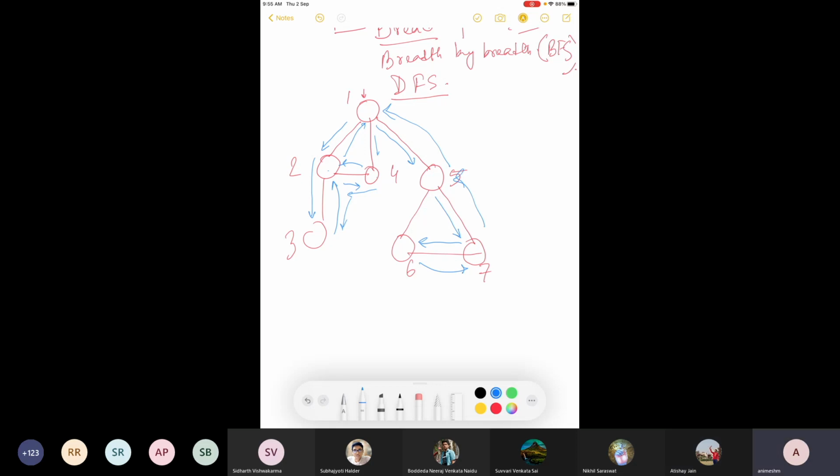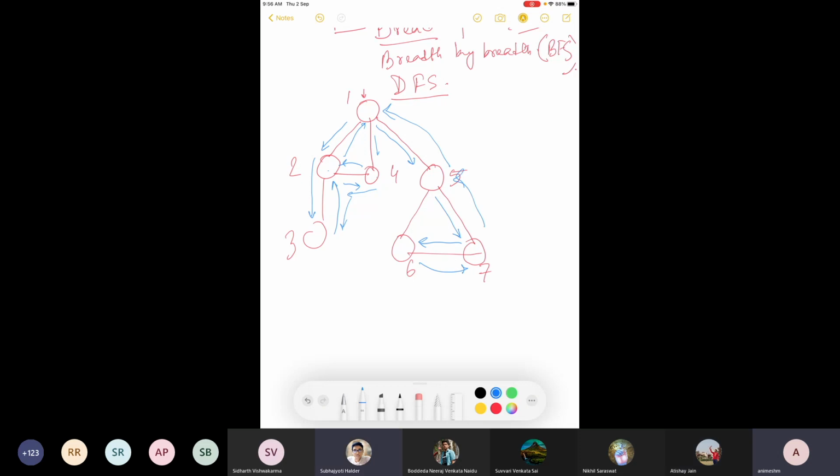In this way, you have also told me what the cost is. What is the cost? You have to traverse all the nodes and all the edges. Sir, 2n. No, why 2n?